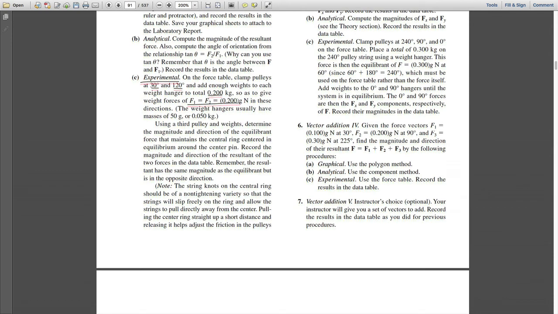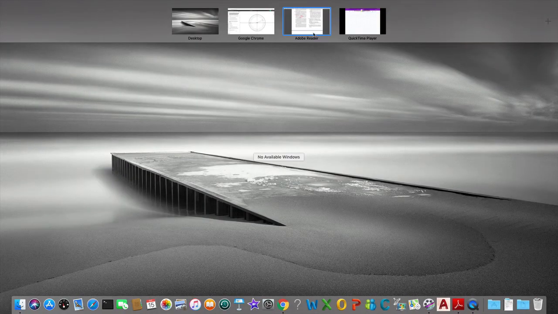We already decided that, we already have the table. In those directions, the weight hangers usually have masses, and if we don't have any weight hanger, we're not worried about it. We just go ahead and hang 0.2 kilogram, in other words 2 Newton force, at 30 degrees, and 2 Newton force at 120 degrees.